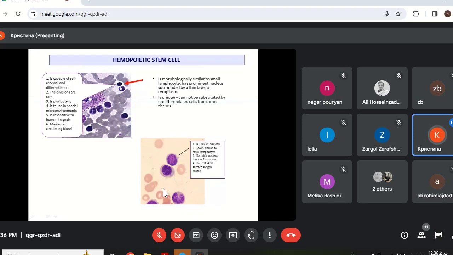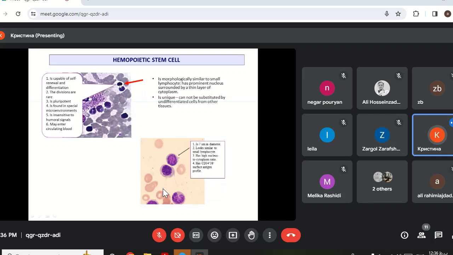It is capable of self-renewal and differentiation. It can divide with asymmetric mitosis. It means that one cell stays in undifferentiated stage, and the second cell goes to differentiation process.